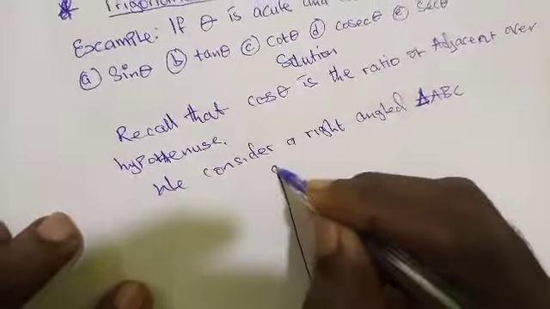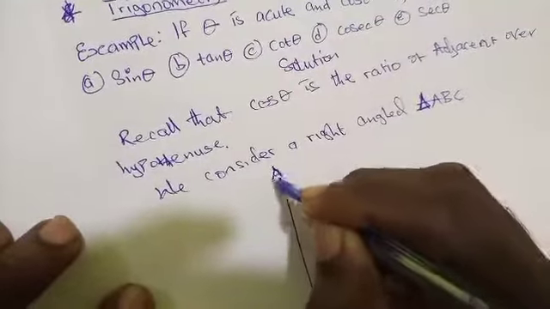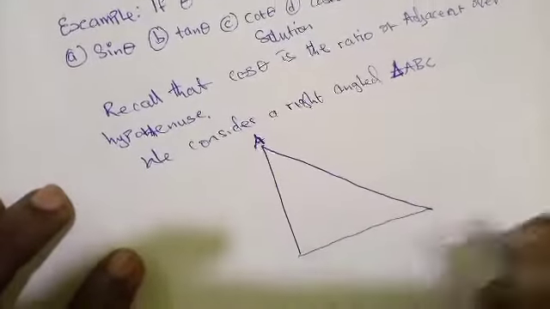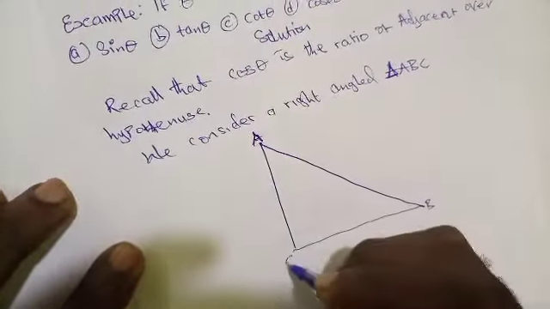We have this our capital A, this our B, and this our C.